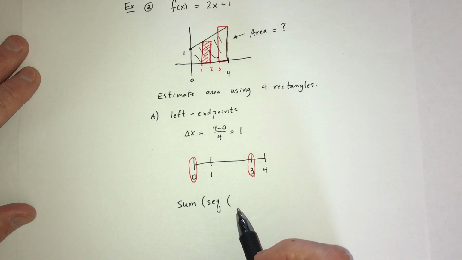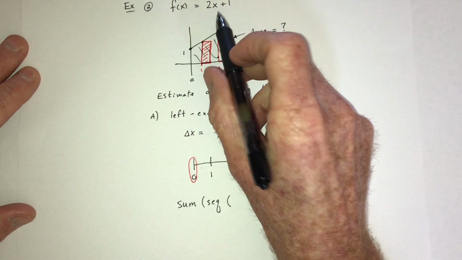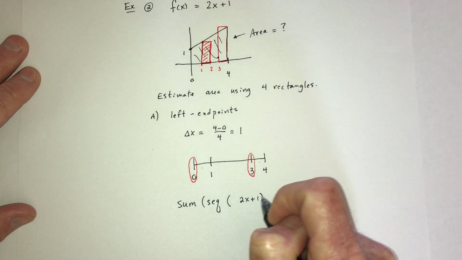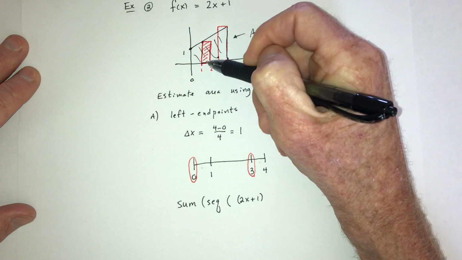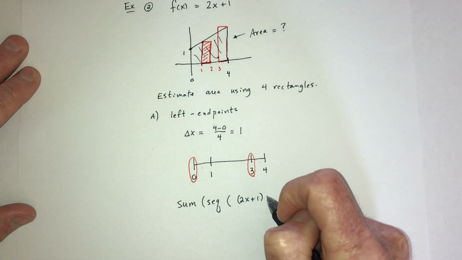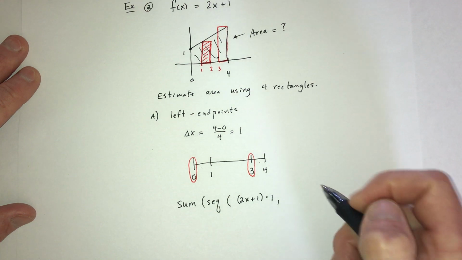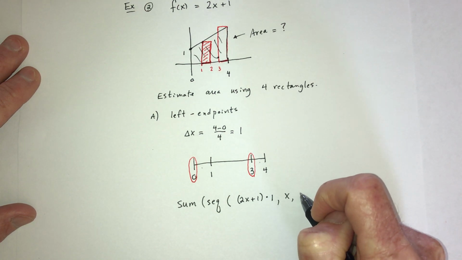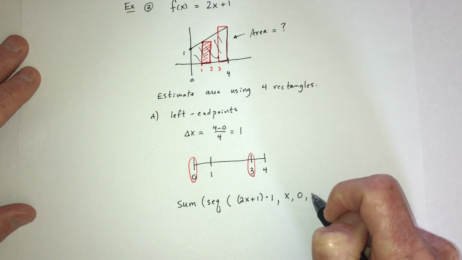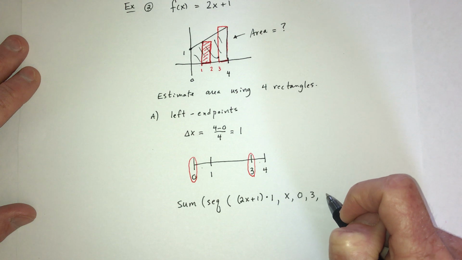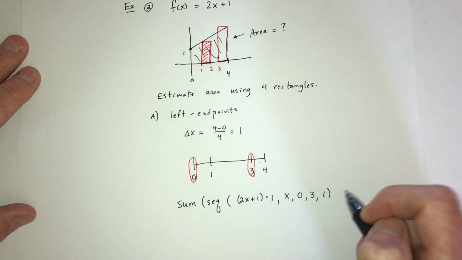And then for each rectangle, its height is determined by the function. So that's going to be 2x plus 1. And then its width, in this case, is just 1. It's delta x. Then you tell it the variable, tell it where to start, 0, where to stop, 3, and then the last step is delta x, which in this case is a 1.